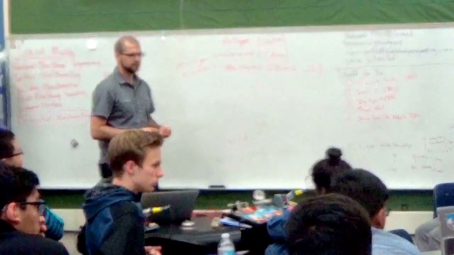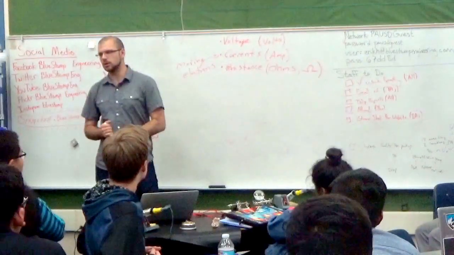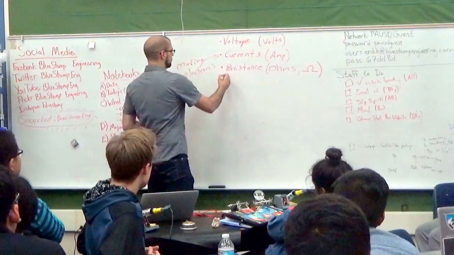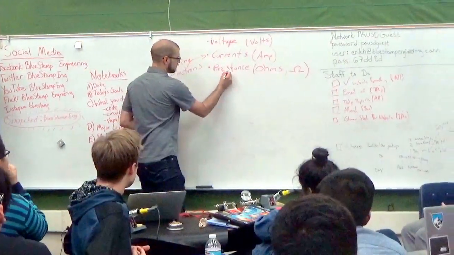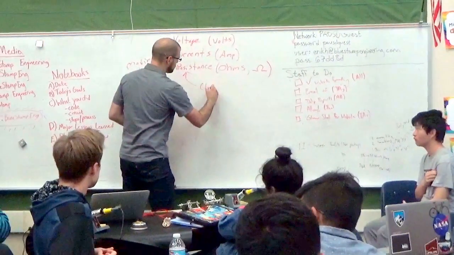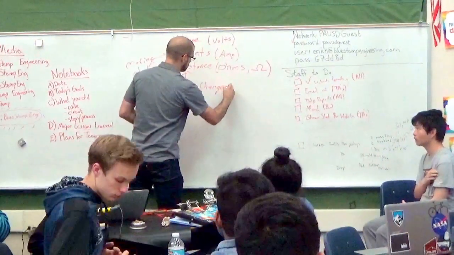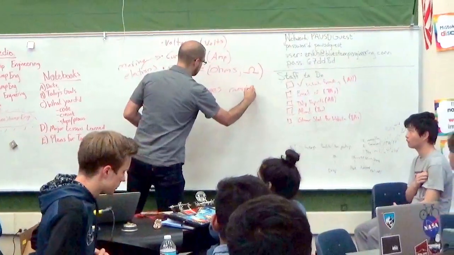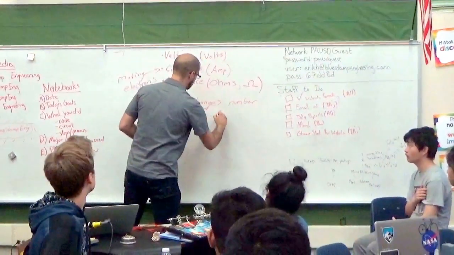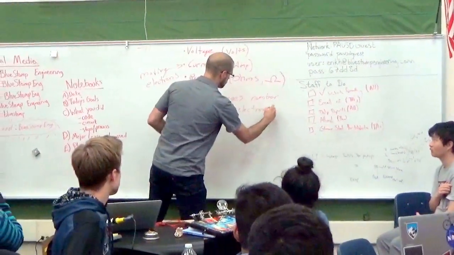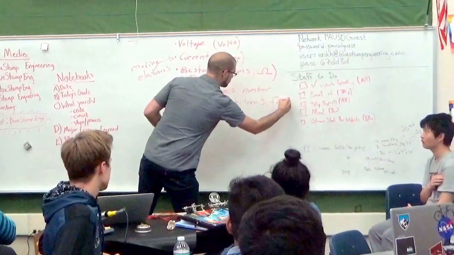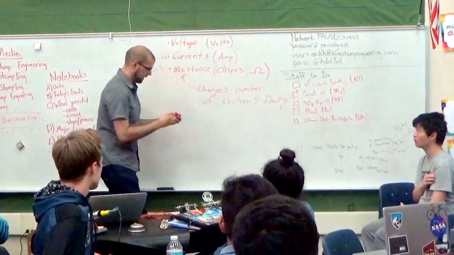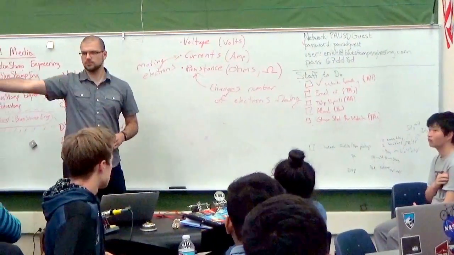It reduces like the current, how many electrons. Exactly. It reduces the number of electrons. So resistance changes the number of electrons flowing.